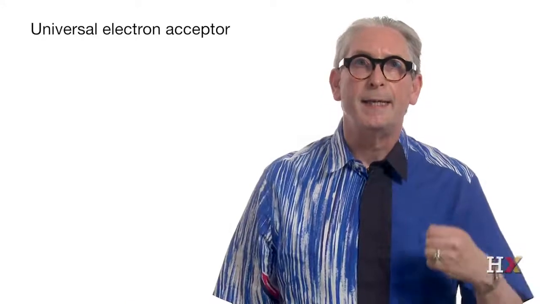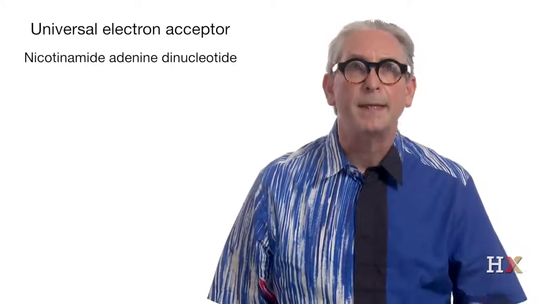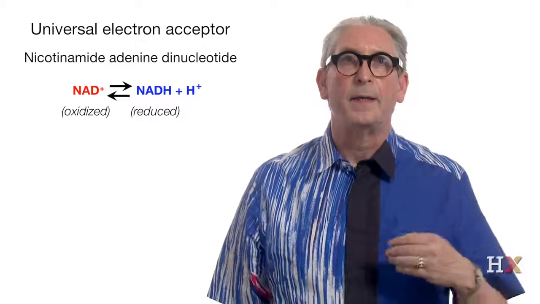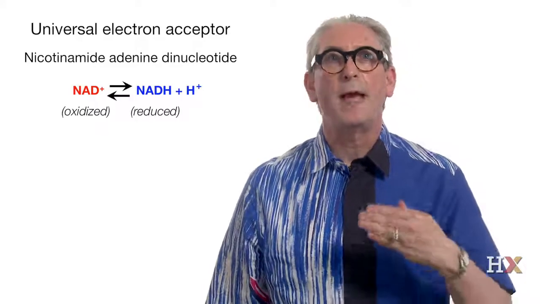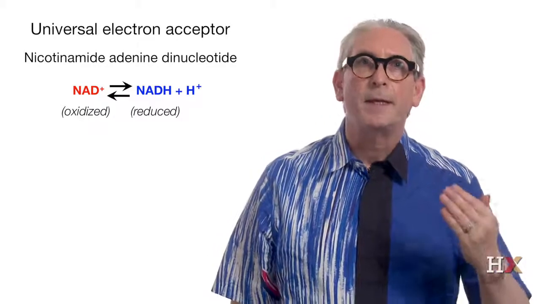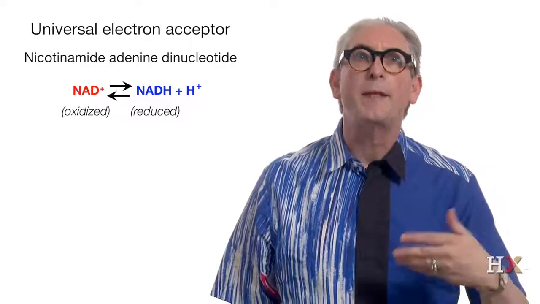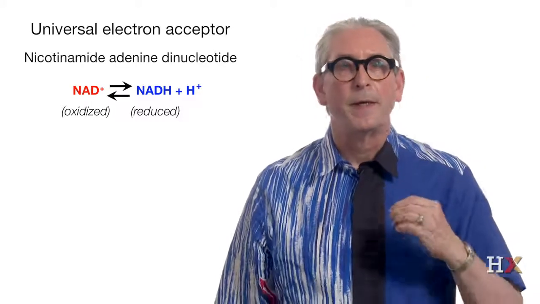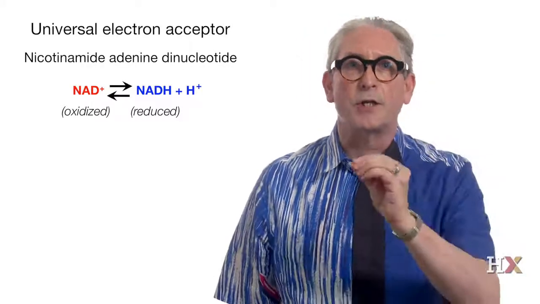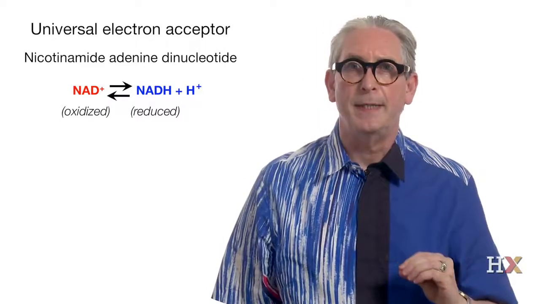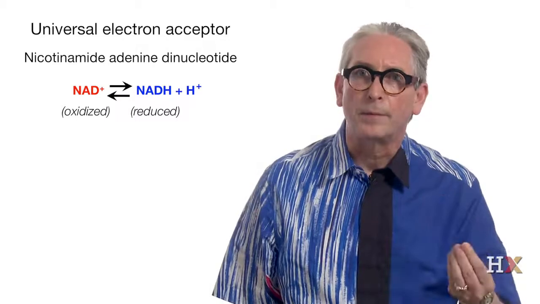And NAD is, in fact, the nicotinamide adenine dinucleotide. NAD is reduced into NADH and a proton. This reduction is always catalyzed by one type of dehydrogenase. The electron extraction during a catabolic reaction and the reduction of NAD+ are in fact coupled.